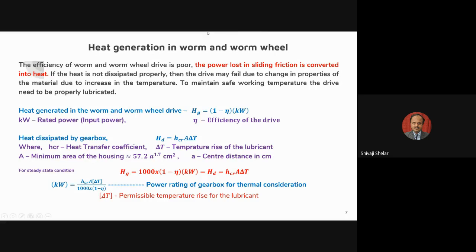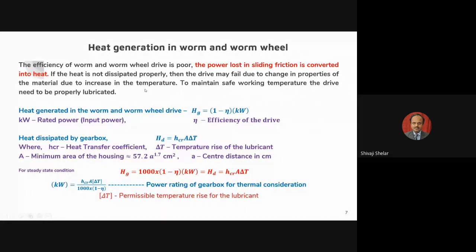The remaining energy is lost in sliding friction, and this sliding friction normally converts the energy into heat. If this heat is not dissipated, if your drive is not properly designed, the drive may fail due to the change in the properties of the material due to the increase in temperature.